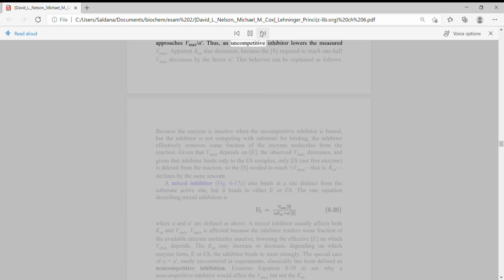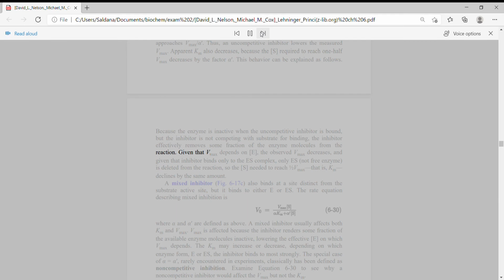Thus, an uncompetitive inhibitor lowers the measured Vmax. Apparent Km also decreases because the [S] required to reach 1/2 Vmax decreases by the factor alpha. This behavior can be explained as follows. Because the enzyme is inactive when the uncompetitive inhibitor is bound, but the inhibitor is not competing with substrate for binding, the inhibitor effectively removes some fraction of the enzyme molecules from the reaction.